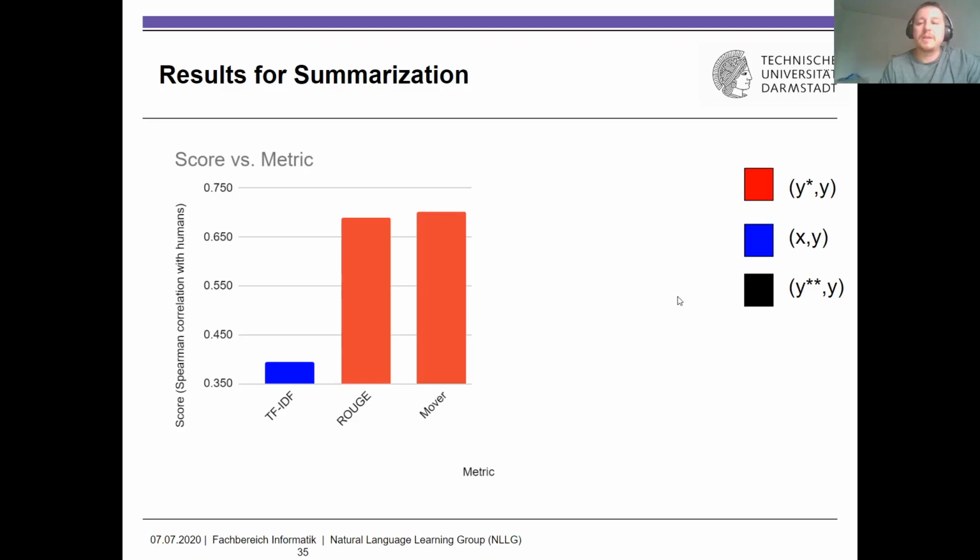The first setup is the reference-free setup, where we compare source documents to system predictions, so to system summaries. That's in blue. In red is where we have the costly human references, and in black will be the pseudo references. And in all three cases, we compare, of course, against the system prediction.